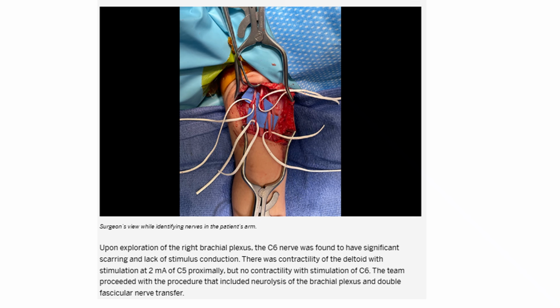So when they stimulated C5, they could see a little bit of contraction, but in C6 they did not. The team proceeded with a procedure that included neurolysis of the brachial plexus and double fascicular nerve transfer. So there was a nerve transfer that actually took place, yes? As you can see, they tried to contract it, and they could see there was contraction in C5, but not in C6. Okay.